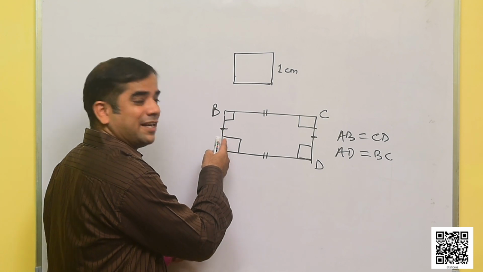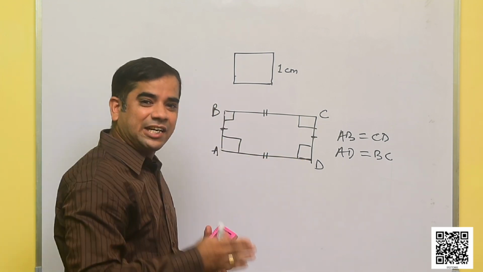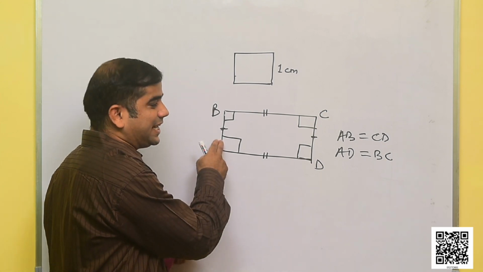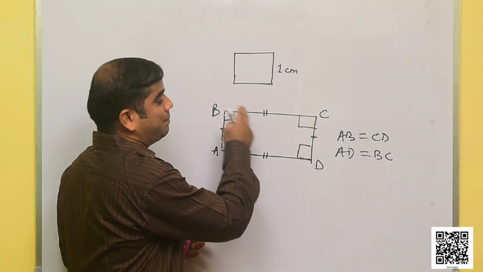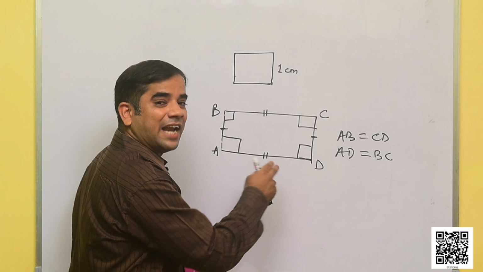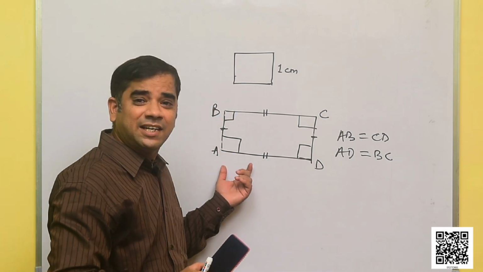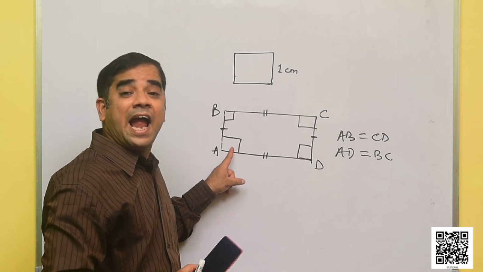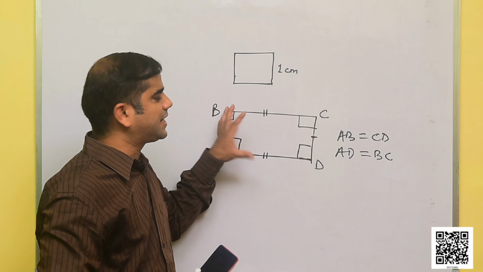The angle between AB and AD, which are adjacent to each other, is 90 degrees. Same way AB and BC is 90 degrees, BC and CD is 90 degrees, CD and AD 90 degrees. What I have already told you is that the adjacent sides make an angle of 90 degrees with each other. Fine. So this is a rectangle.